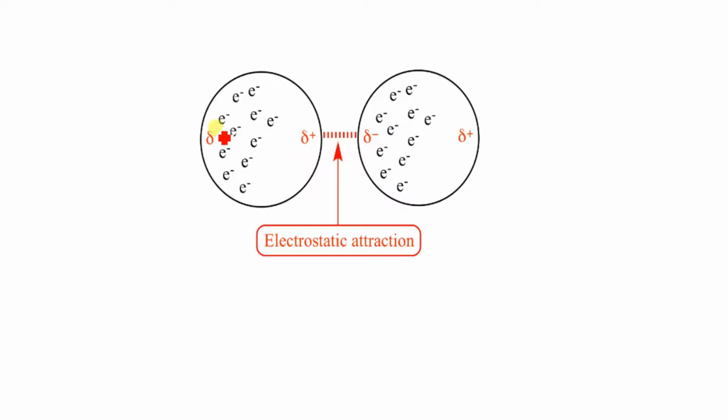And what this does is it induces a slight negative charge on this side, and a slight positive charge on the side without the electrons, right? And this is known as an induced dipole. So this is our temporary dipole on the right and the induced dipole on the left. So now, because there's a slight difference in charge, it allows this electrostatic attraction to occur between the two atoms. And that's what is known as our London force.